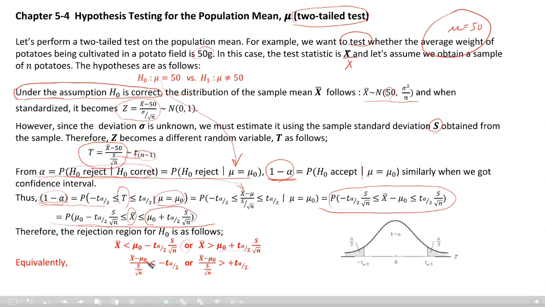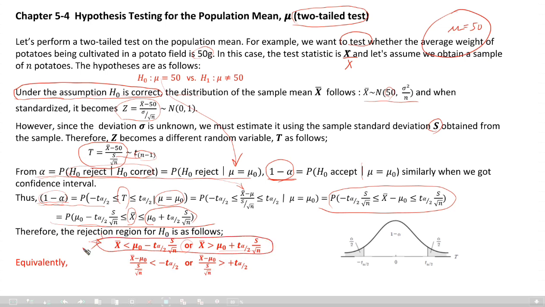Okay, now we make this result simpler: x bar minus mu 0 divided by s over square root n less than minus t alpha over 2, or the same thing here. Okay, so this is the rejection region for H0.